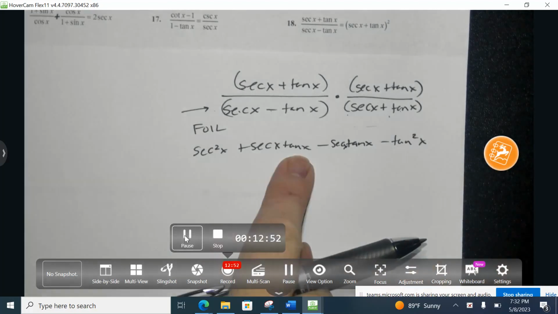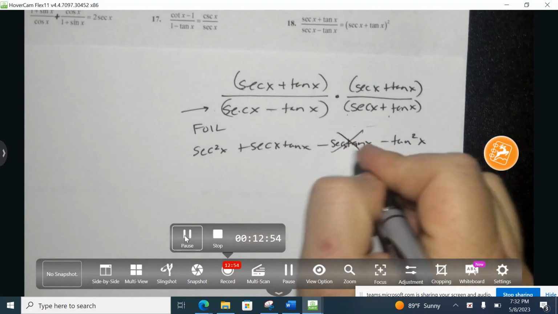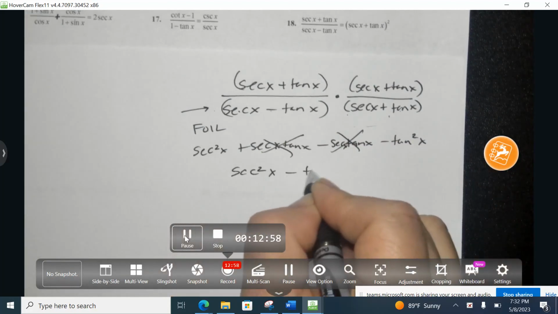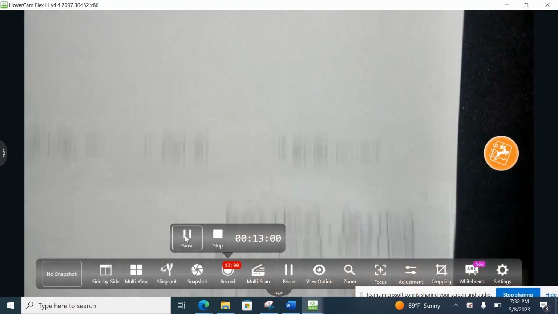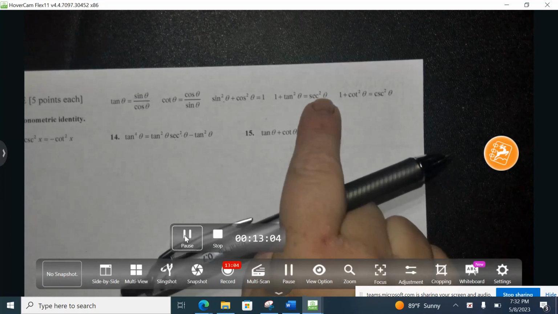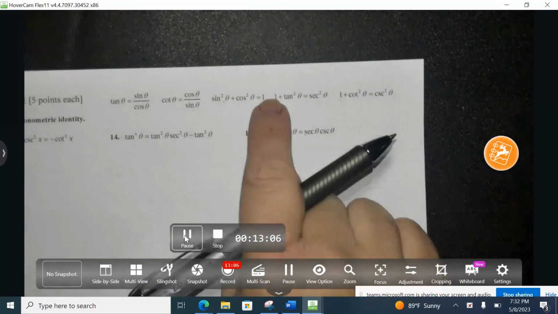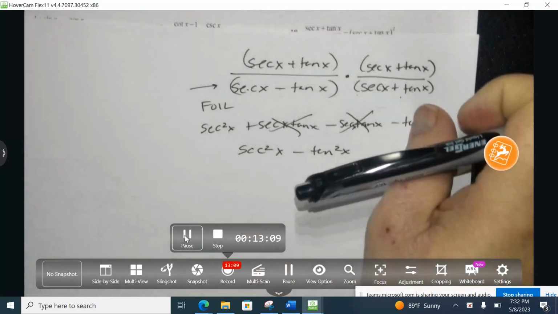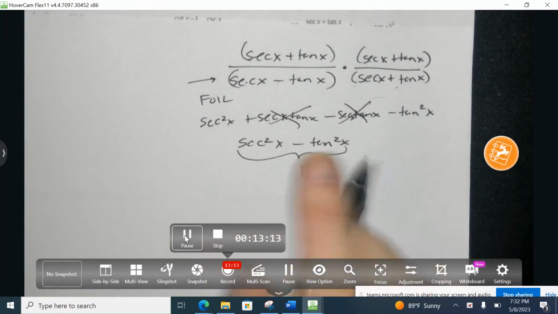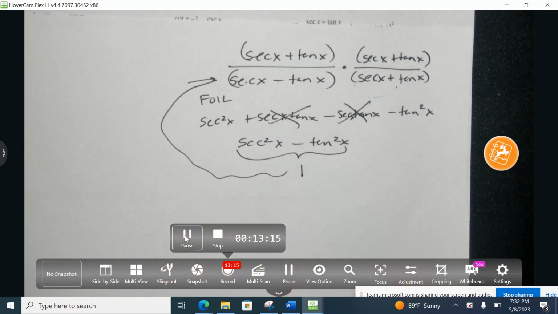Well, the positive secant tangent and the negative secant tangent are going to be eliminated, and I'm left with secant squared minus tangent squared. And I can see up above that if I have secant squared and I move the tangent squared over, secant squared minus tangent squared is equal to 1. So I know this portion is equal to 1. That's the denominator. All of this is to work with the denominator.